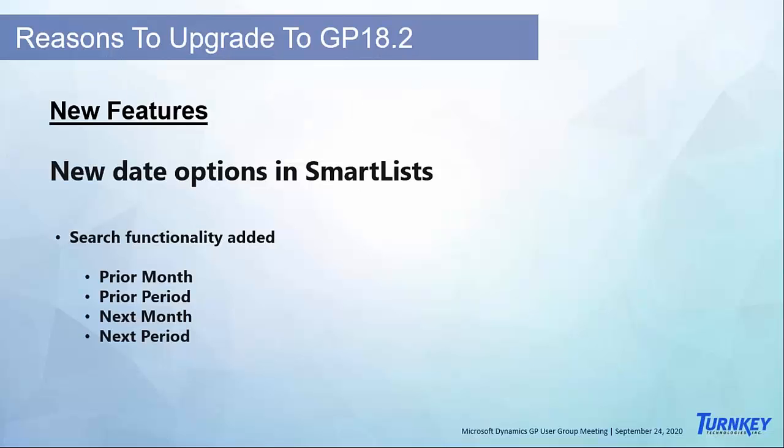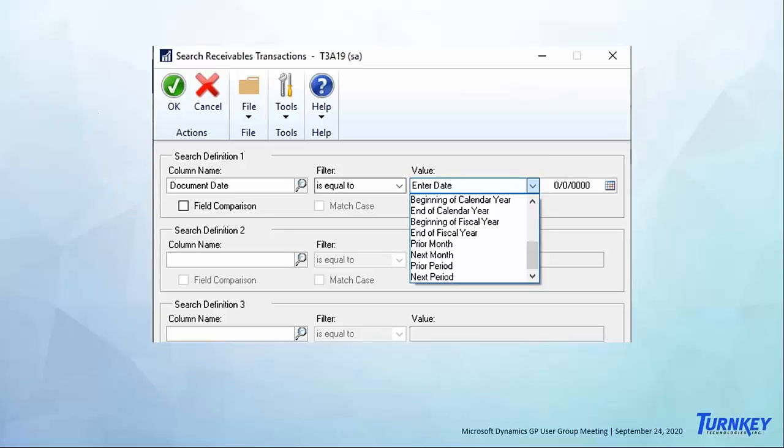Okay, now let's switch over to SmartList a little bit. There are some new search options, so users do not need to change dates in the search criteria. The 4 listed here are now: prior month, prior period, next month, and next period. Let me give you an example. Let's say we used today's date as the system date.